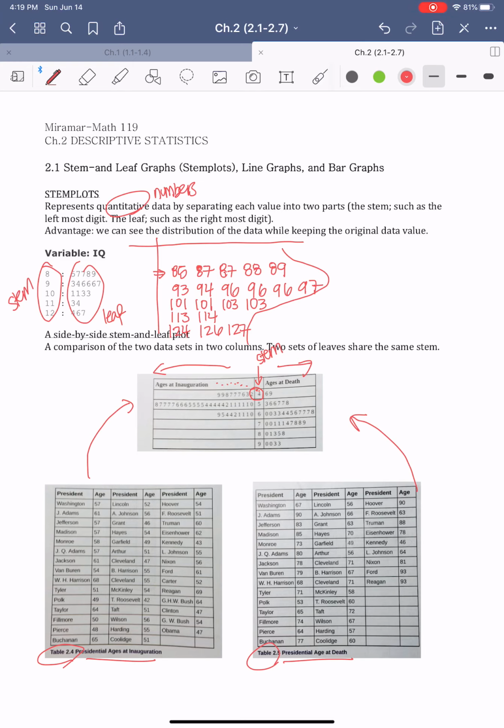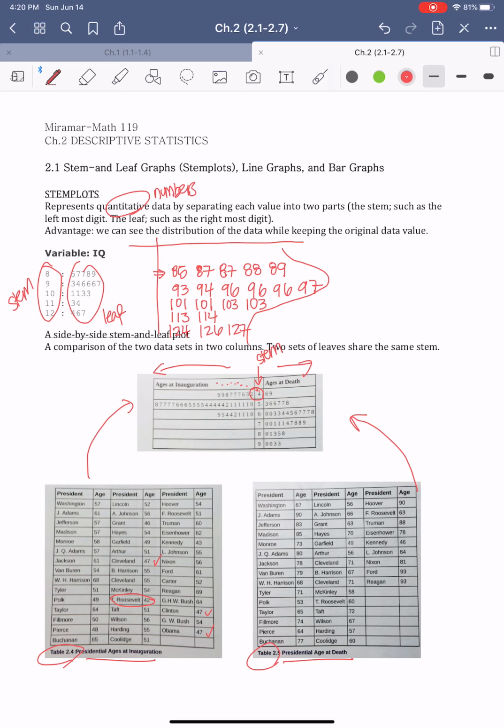Well, let's find out. 42. Yep, Roosevelt is the 42. Let's check one more time. There should be three data points of 47. So where are the 47s? Here: Clinton, Obama, and Cleveland. So you can see that as well. Same thing, ages at death.